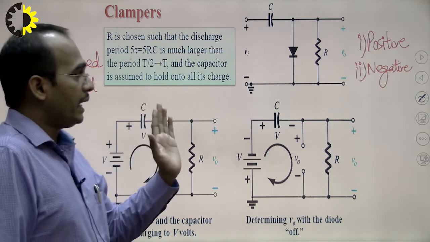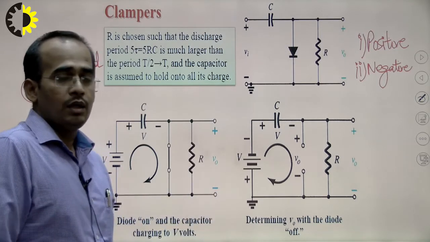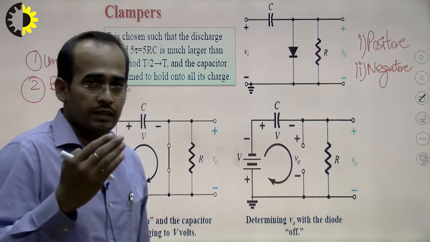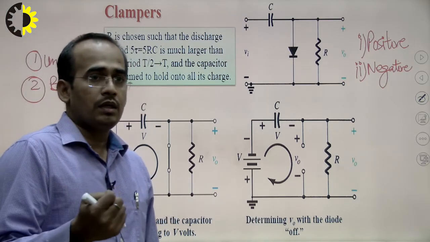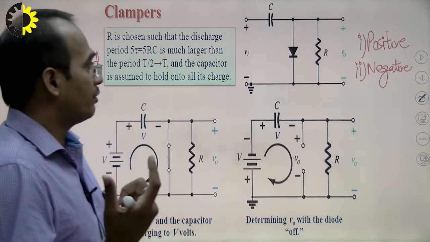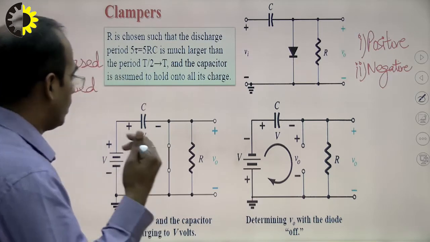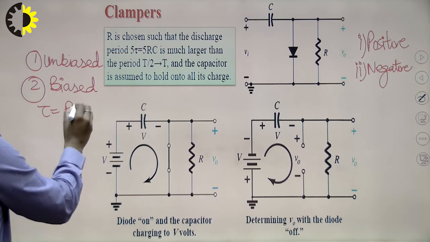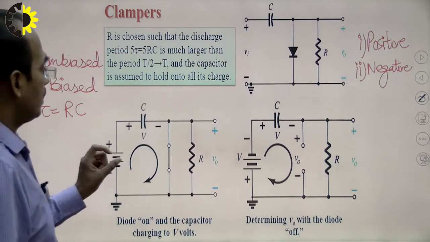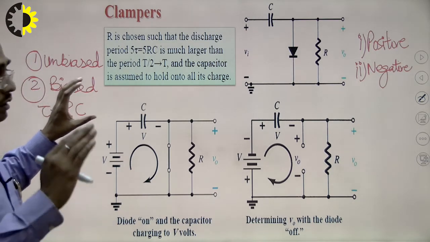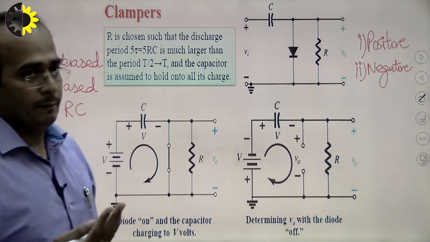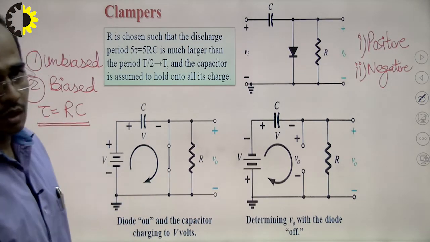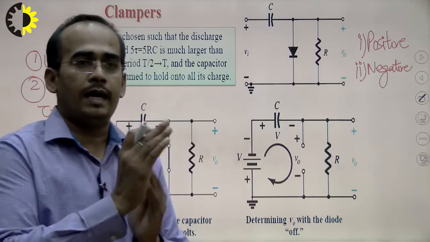I have to choose such a value of RC that the charging time of the capacitor is less than the discharging time. Time constant is nothing but RC, and I choose it high so that the discharging of the capacitor will be slow, or you can say it will store charge for a long time.